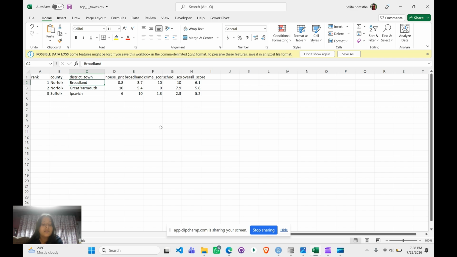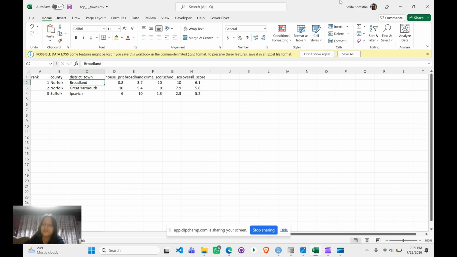One limitation of my project was that only six towns had complete information across all four datasets due to differences in how school locations were recorded. Instead of forcing incorrect matches, I clearly documented this limitation in my report.